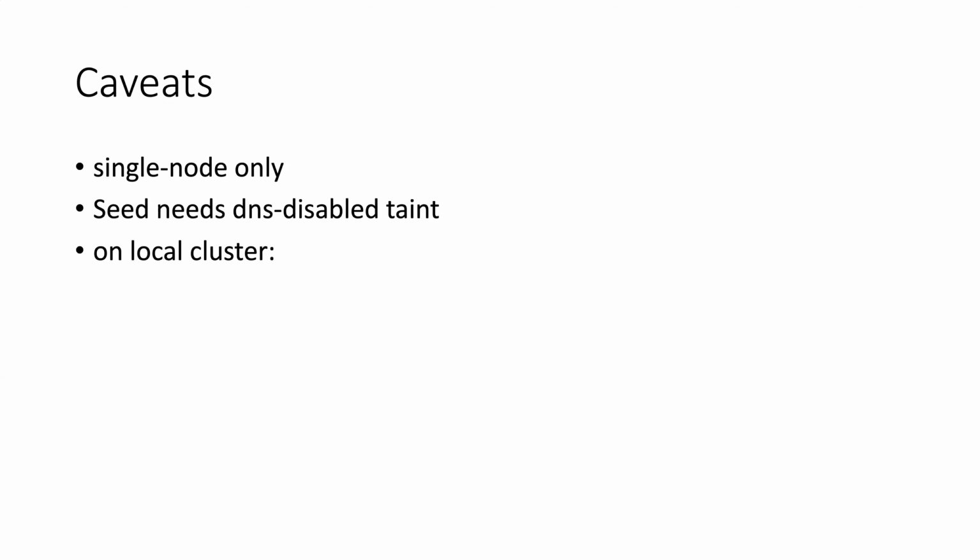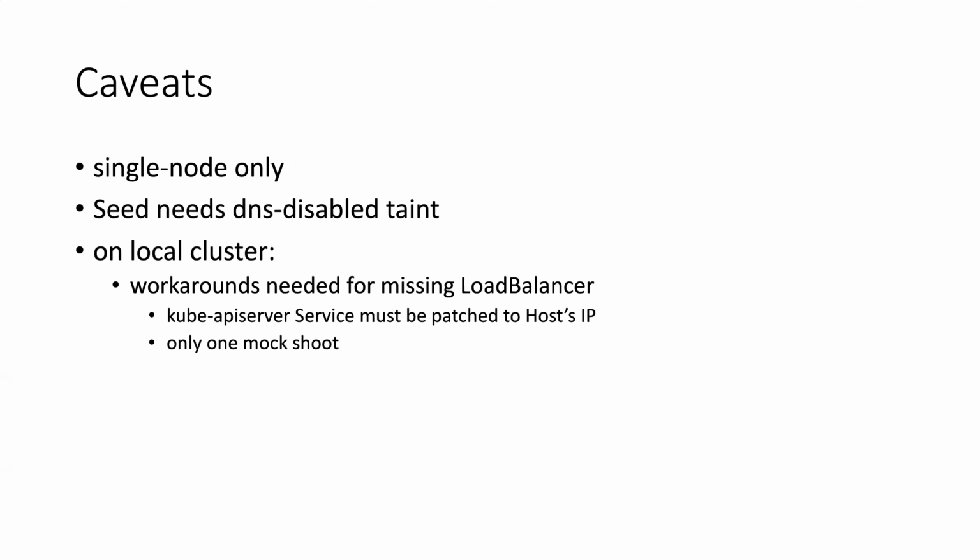On a local cluster, we need some workarounds because we don't have a load balancer implementation. Normally the Cloud Controller Manager would create such load balancers on the infrastructure, but of course this is not running in our local cluster. So we have to patch the Kube API server service to the running host's IP, and therefore we can only use one mock shoot.